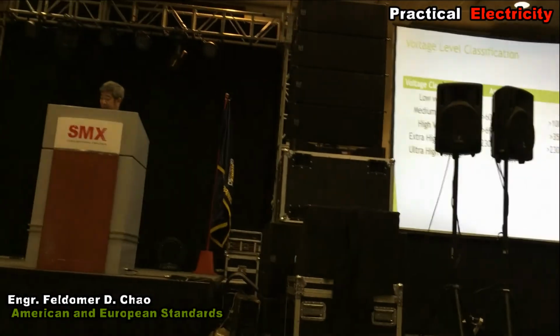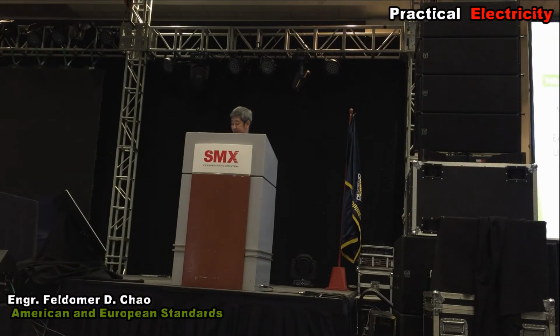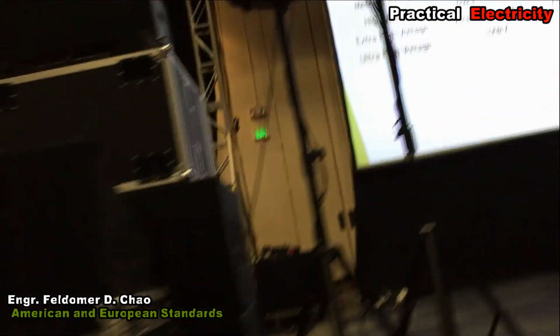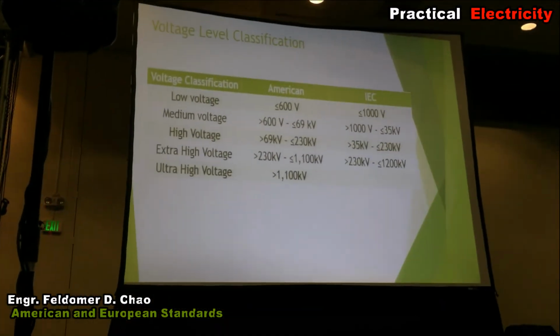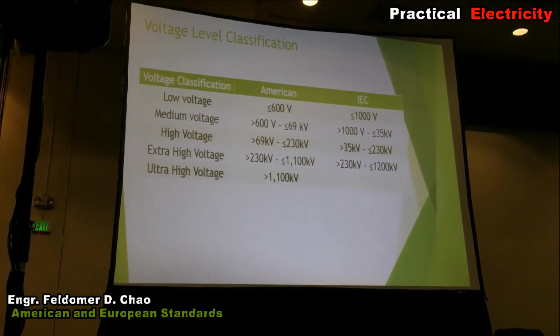For medium voltage, the American can go from 600 V up to 69 kV, but the European would only go from 1000 V to 35 kV. Meaning when you're referring to medium voltage, if you're using say 69 kV, that's going to be governed by a different IEC standard, because for IEC that is already considered high voltage.